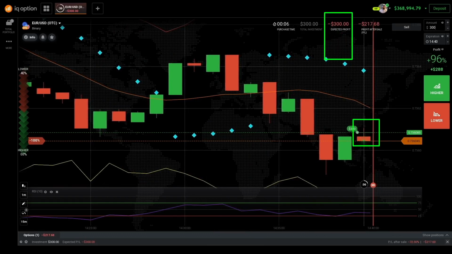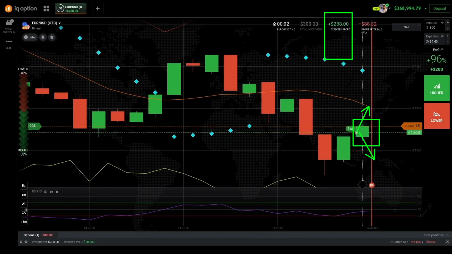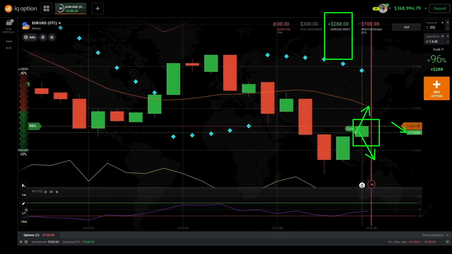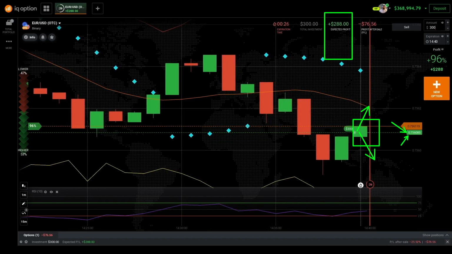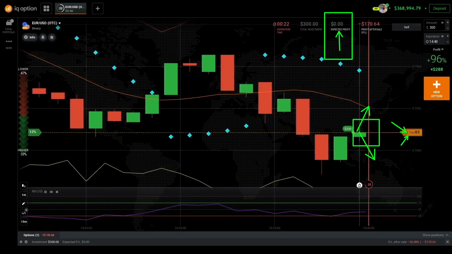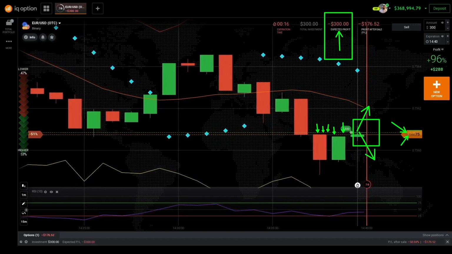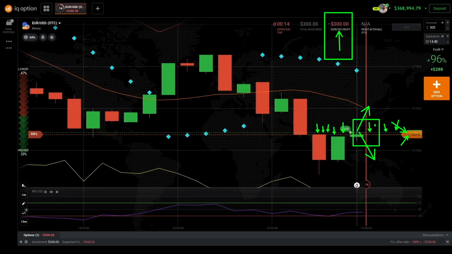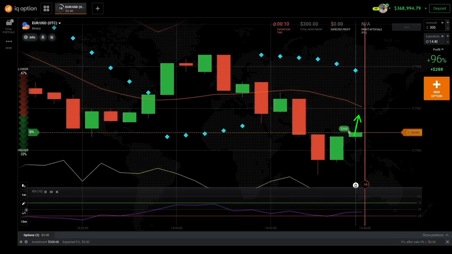Because I predicted that the market is going up, but here the market is under this price. Look, when the market went above this price here, the expected profit changed to $288 because the market went over this line. And this is what's going to happen. I predict that the market is going up.